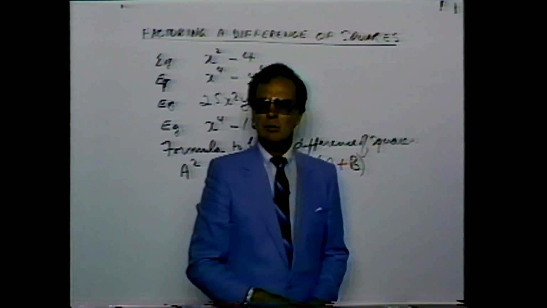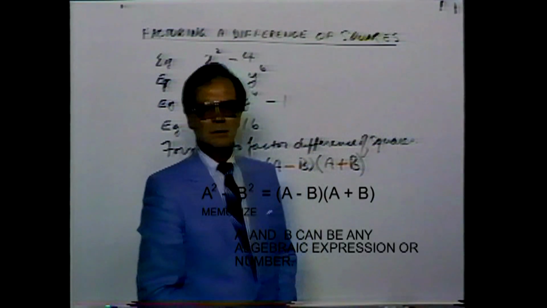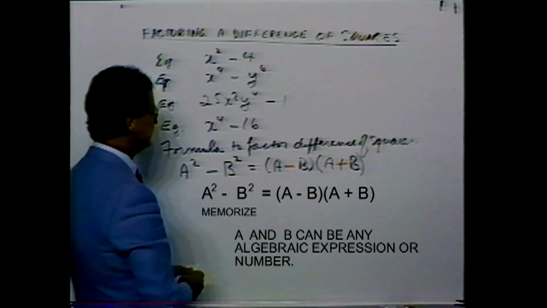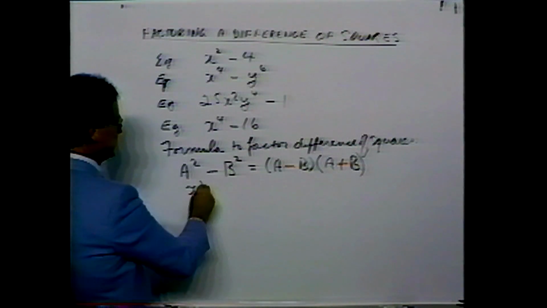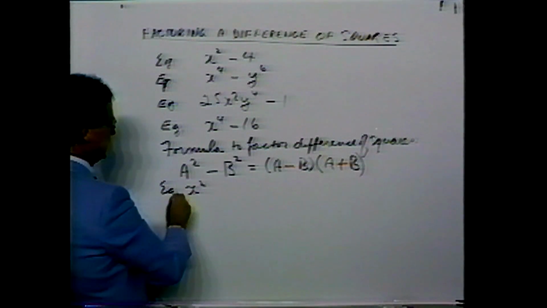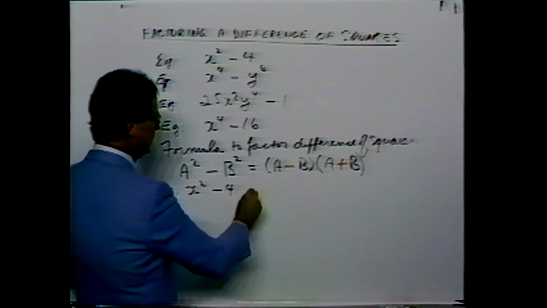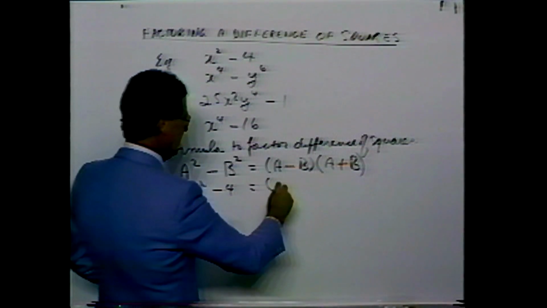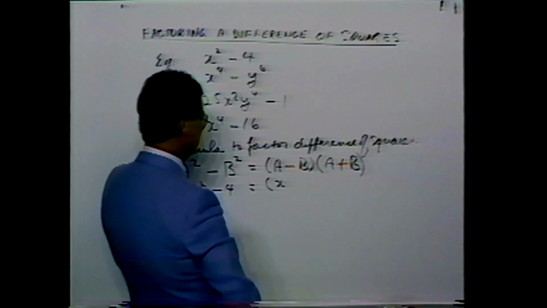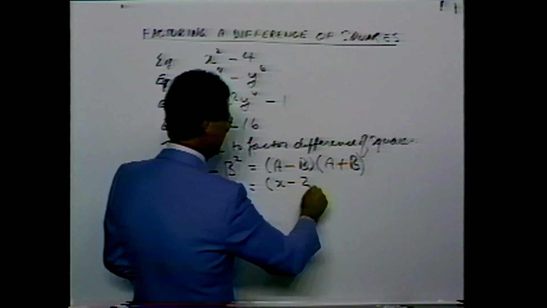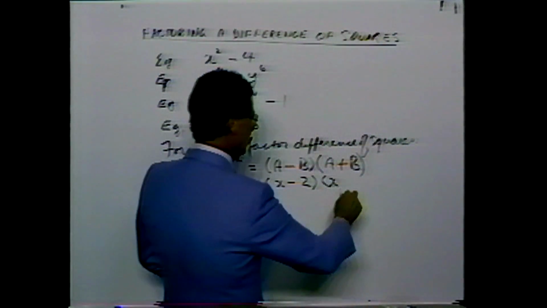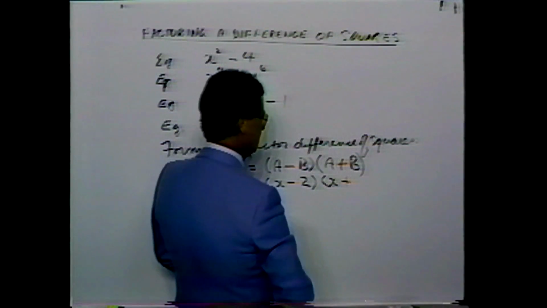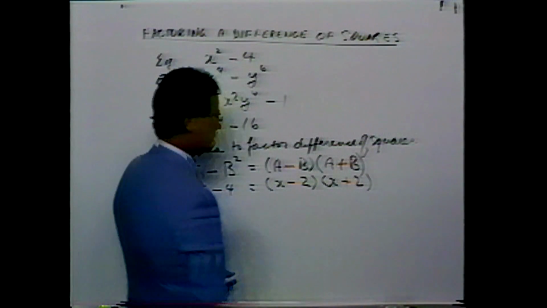So, let's apply this formula to the examples shown. Here are the examples, x squared minus 4 is equal to x minus 2 followed by x plus 2.